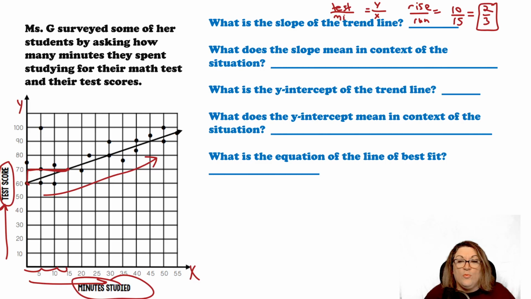So if I'm interpreting this 2/3, I'm going to say that means that I can expect to get 2 points higher on my test score when I study for 3 minutes.